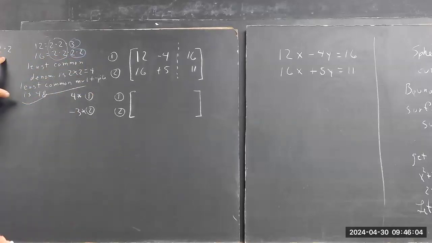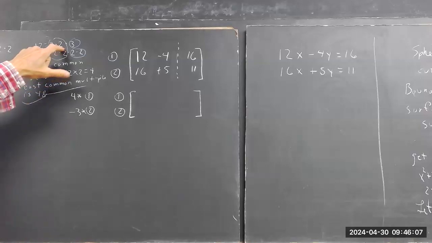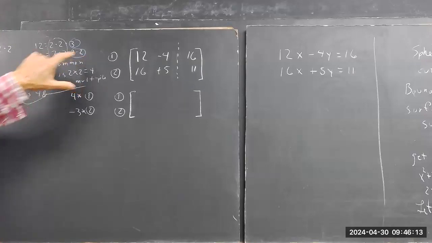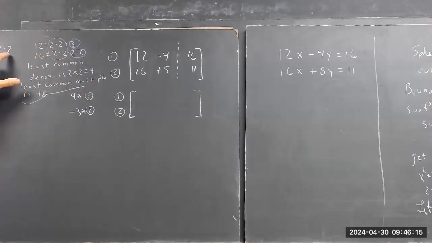That makes this the least common multiple. 12 is contained in this number, 2 times 2 times 3. 16 is contained in this number because you've got 2 times 2 times 2 times 2. If you take anything out of here, that's no longer so. So this is the least common multiple. Of course, you write that as 2 to the 4th times 3, but that's 48.